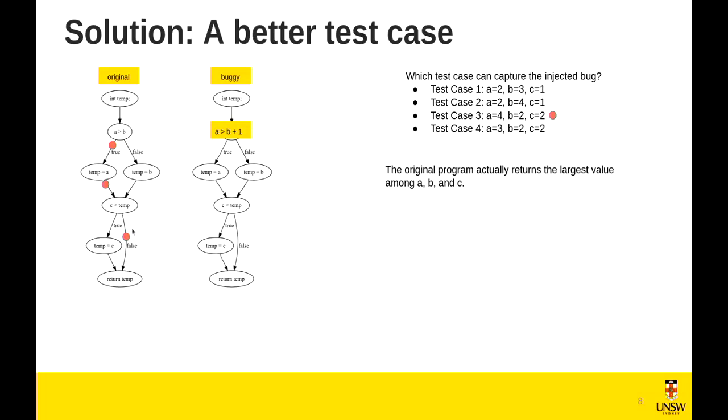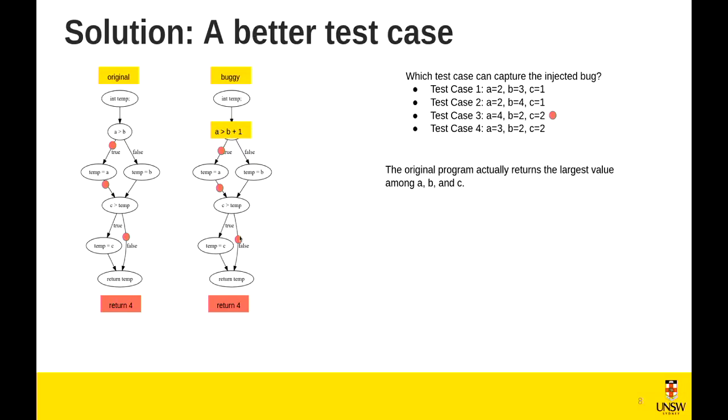So this is what happens in the original program for test case 3, and we will return 4. And for the buggy program, A is 4. 4 is larger than 2 plus 1, so it will still take the true branch here. And 2 is smaller than 4, so we will still take the false branch here, and we will still return 4.